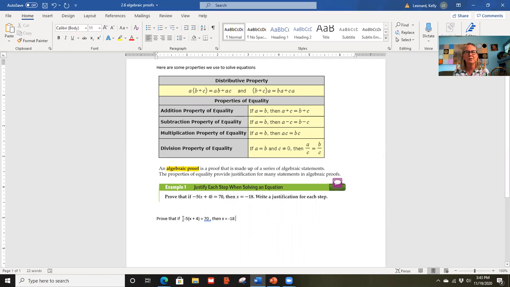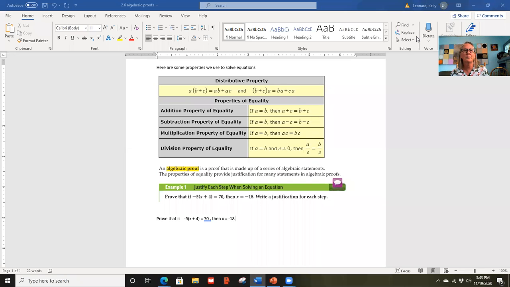And it says, prove that -5(x + 4) = 70, prove that if this is true, then x equals negative 18. I wanted to talk about that because it's giving you an if-then statement, and you've just recently done assignments where you were working with conditionals. If a hypothesis, then a conclusion.